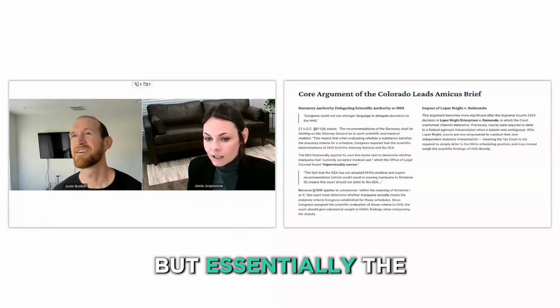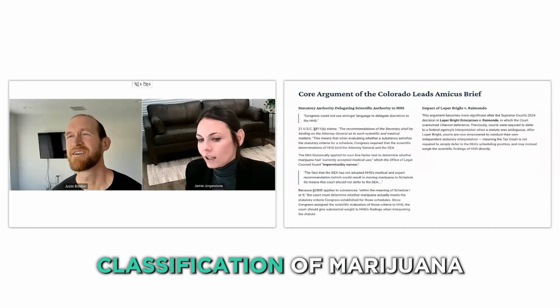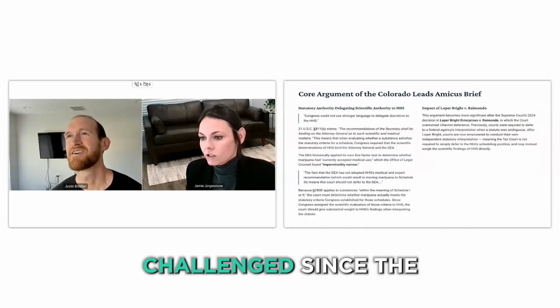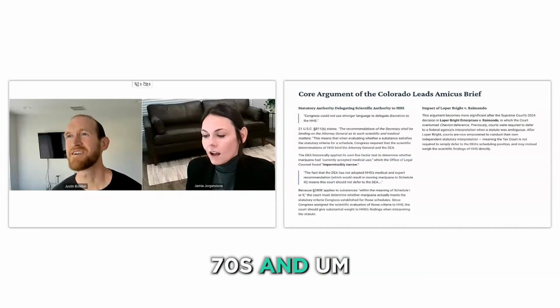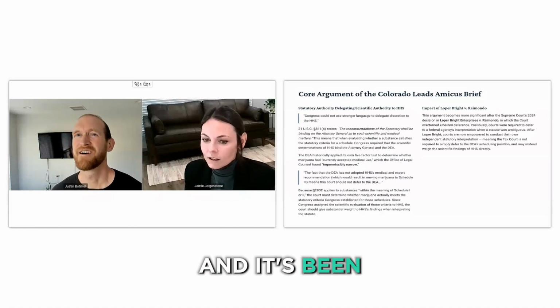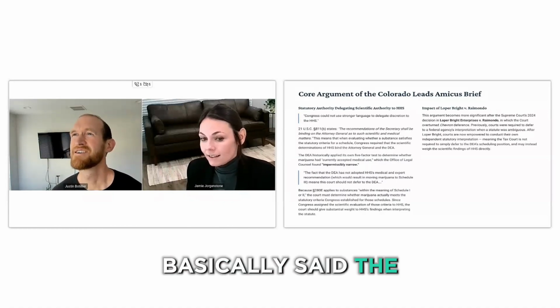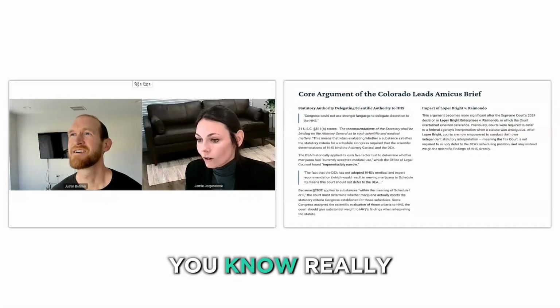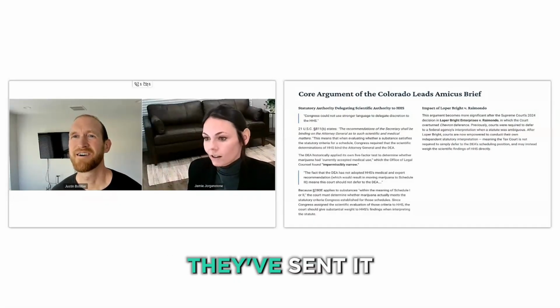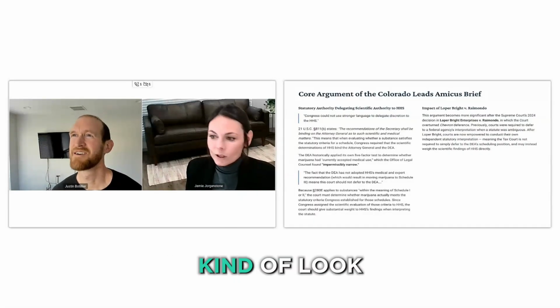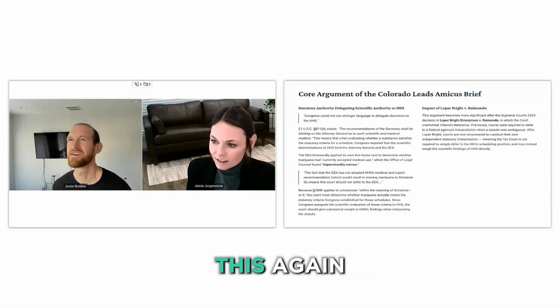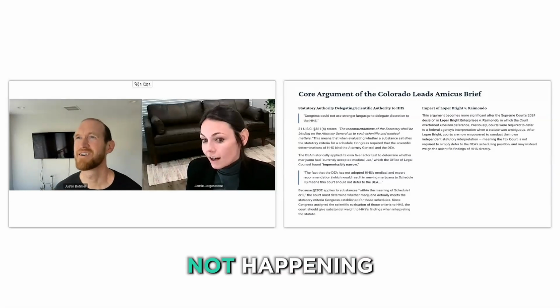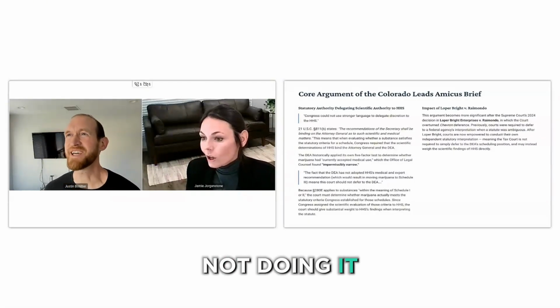Essentially, the classification of marijuana has been challenged since the 70s, and courts have basically said the DEA is not using the right framework here. They've sent it back to the DEA, look at this again, look at this again, and it's just not happening.